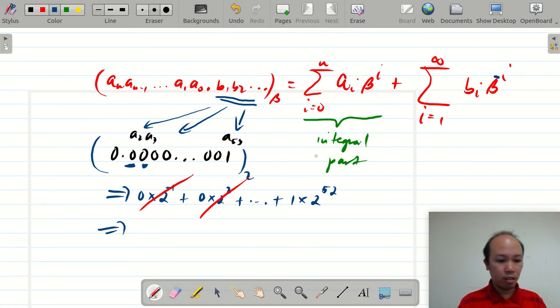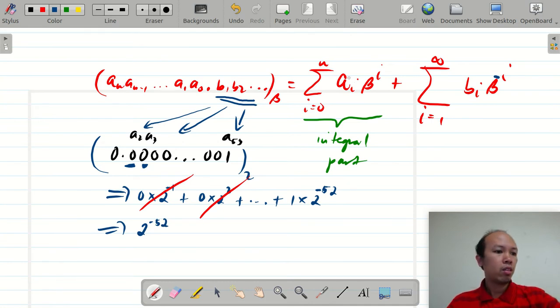Wait, just wait for a while. Yeah, that's negative. Okay, so this is negative 52. So what remains here is 2 to the negative 52.